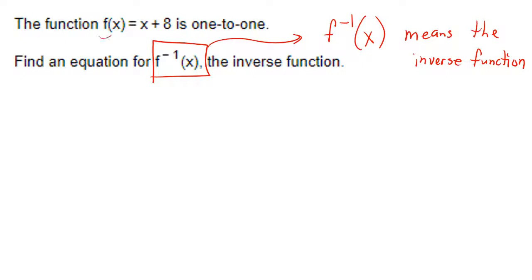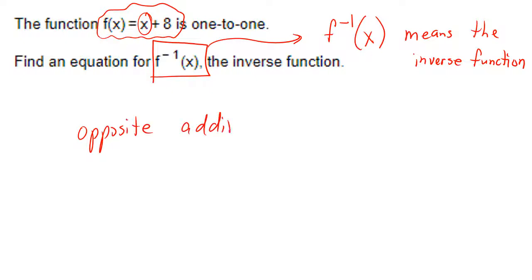This original function says that the input x is added to 8. What is the opposite of adding 8?